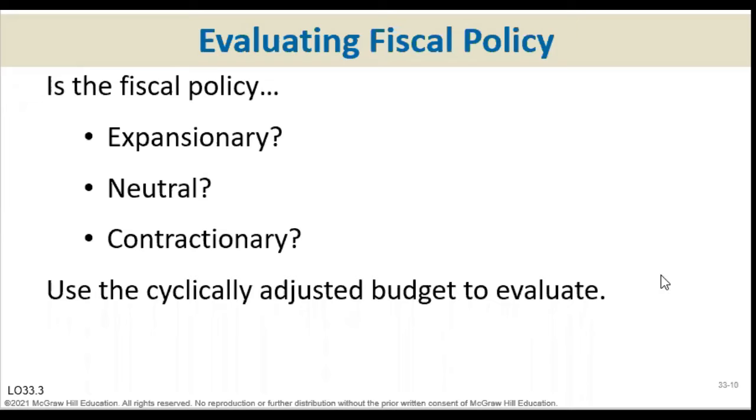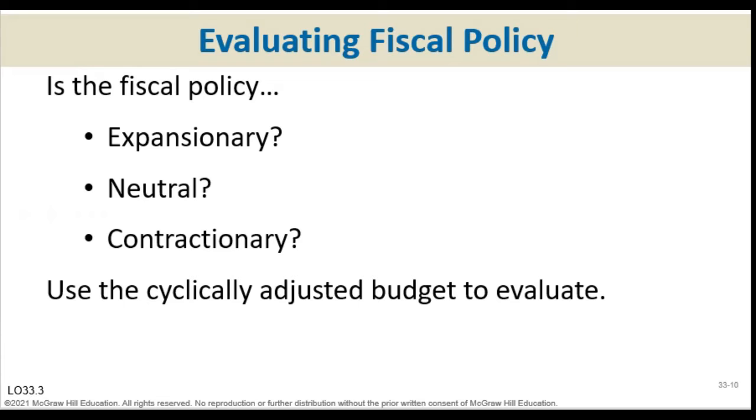Fiscal policy is expansionary when the cyclically adjusted budget is zero in year 1, and there's a deficit in the next year. So you know that government wants more money to be able to push the economy out of recession, which is expansionary fiscal policy. And fiscal policy is contractionary when the cyclically adjusted budget deficit is zero in one year, followed by a cyclically adjusted budget surplus in the next year.